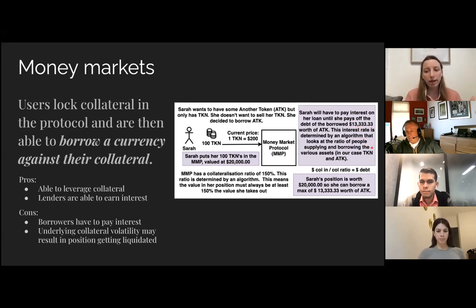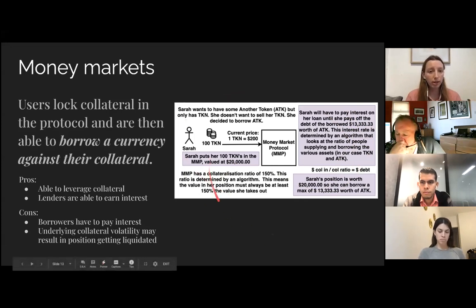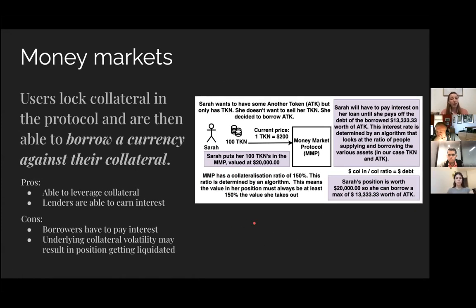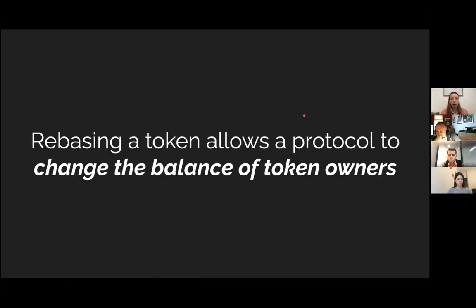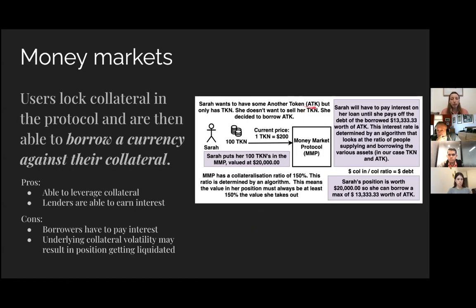So the interest rate, again, is determined by an algorithm. Depending on how many people are borrowing and lending is how much interest you are going to pay. This is only looking at it from the perspective of the borrower. Sarah is borrowing money. But from the lender's perspective, they would put in, say, 1,000 ATKs, and then they would receive interest.